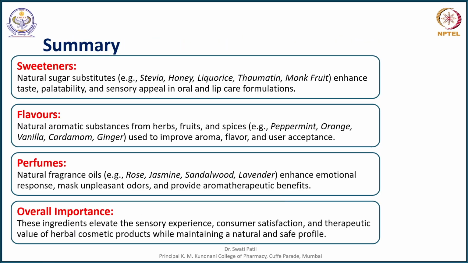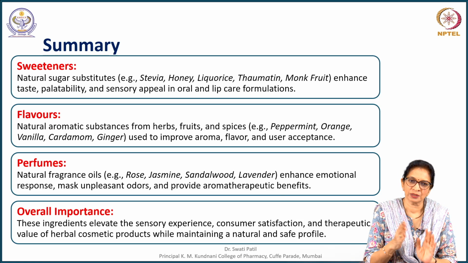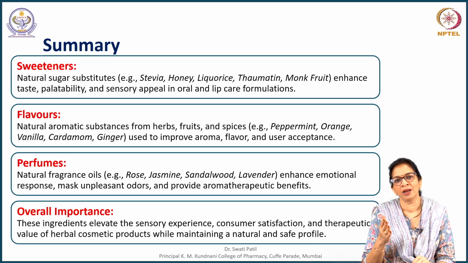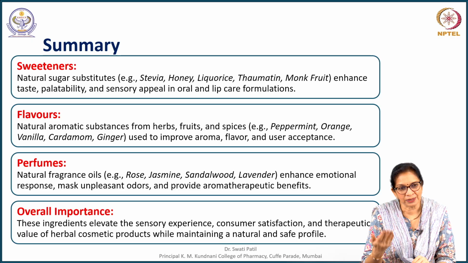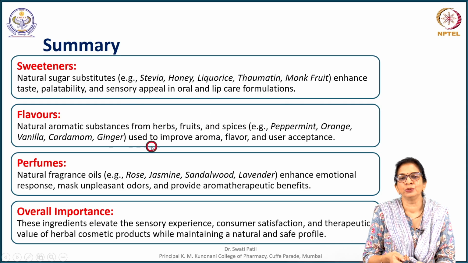Summarizing, the natural sweeteners are natural sugars and are used as sugar substitutes. So, stevia, honey, licorice, thaumatin, monk fruit, they enhance the taste, palatability and sensory appeal in herbal formulations. Flavors are natural aromatic substances from herbs, fruits, spices, and they are used to improve aroma and flavor.